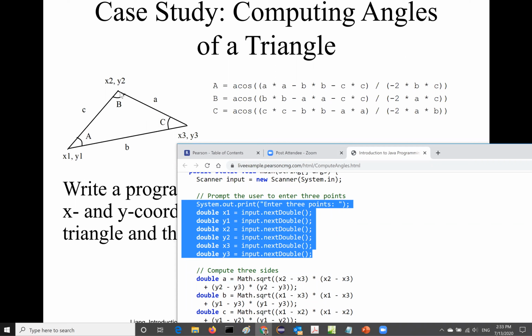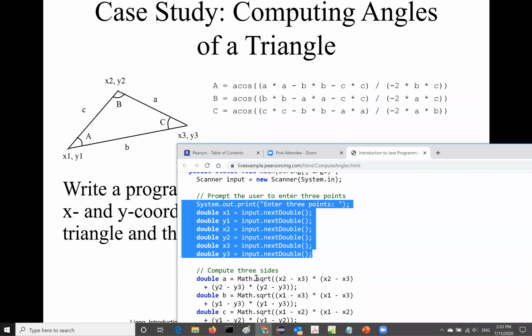This is the edge. This angle A, and this is the angle B, and this is the C right here. So here's the formula that we're going to apply to compute it.